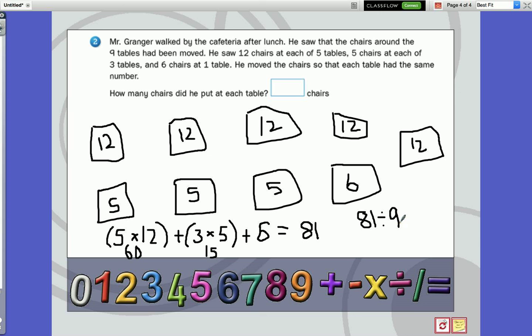And if you know your multiplication and division facts, you should be able to tell that 81 divided by 9 is equal to 9. So if we had 9, 9, 9, 9, 9, 9, 9, 9, 9, 9 times 9 is 81. So there were 9 chairs at each table.